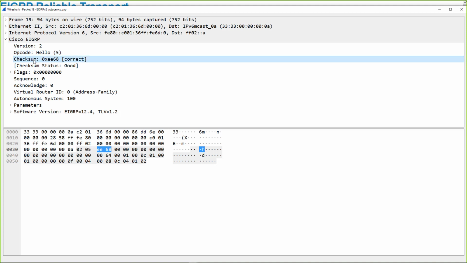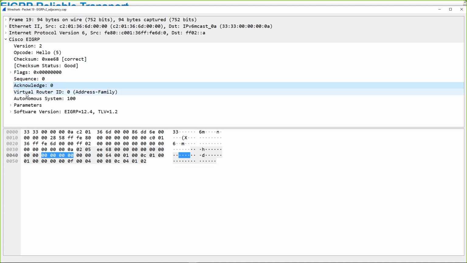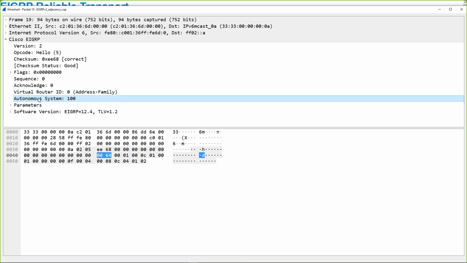There's a checksum, which is for message and data integrity. There are some various flag fields, sequencing, acknowledgement, and virtual router information. We'll talk about VRFs later on. And then finally the autonomous system number, a very, very important concept in EIGRP.